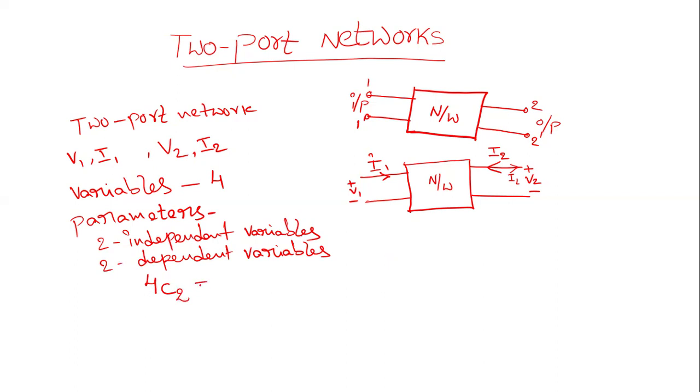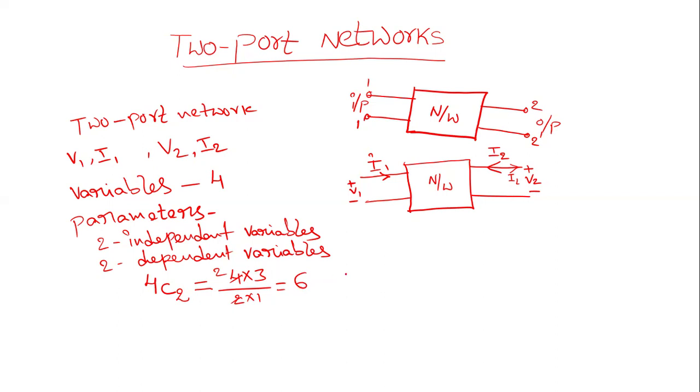So there exist 4C2 combinations, that many parameters exist. 4C2 means 4 into 3 divided by 2 into 1, which is 6. So 6 parameters exist for a given two-port network.